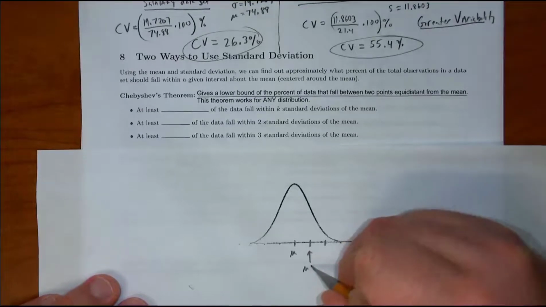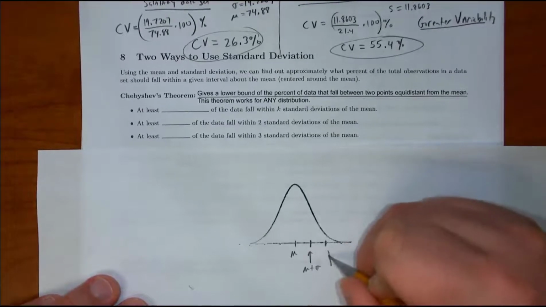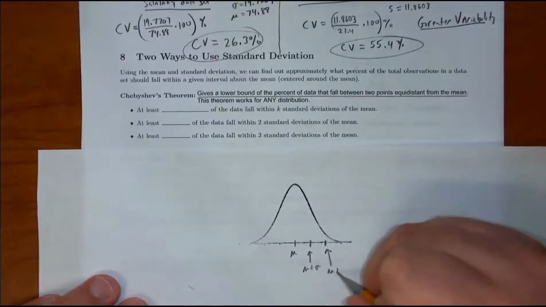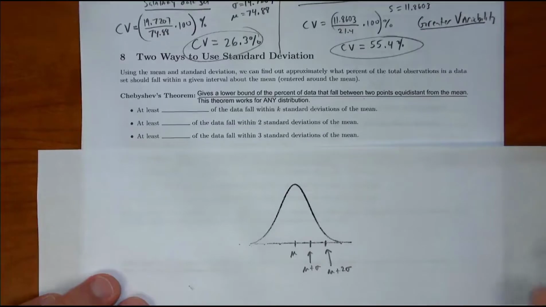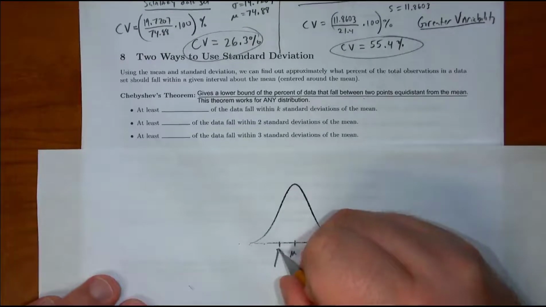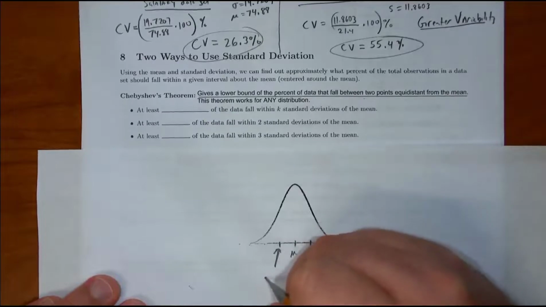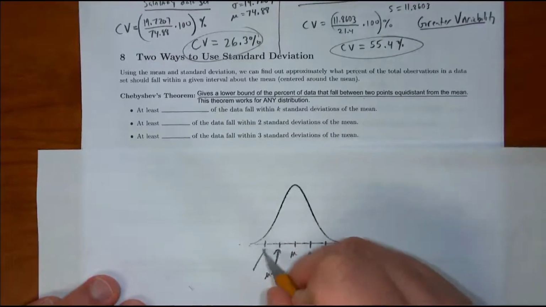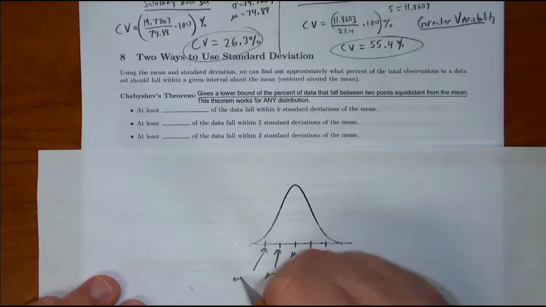So if we go 1 standard deviation, 2 standard deviations, that's mu plus sigma, and that's mu plus 2 sigma. That's 2 standard deviations above. And if you look at mu minus sigma, that's 1 standard deviation to the left, and another, mu minus 2 sigma.